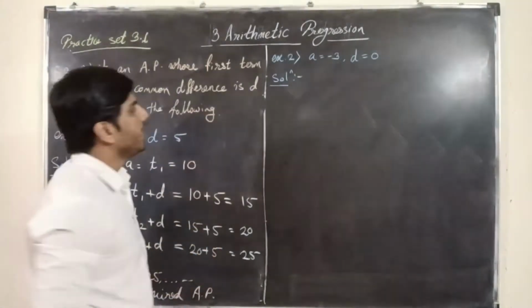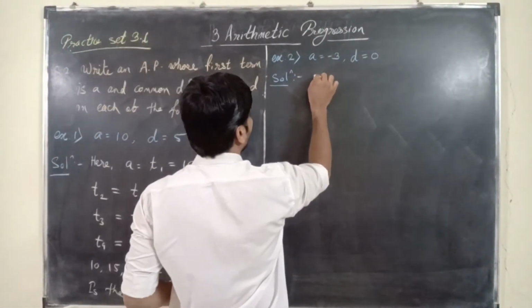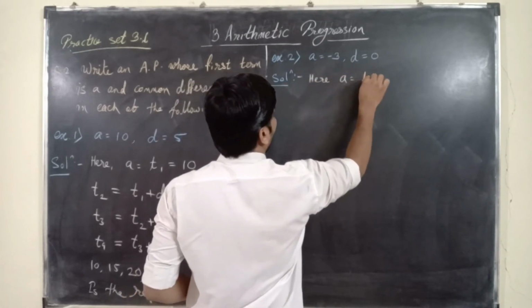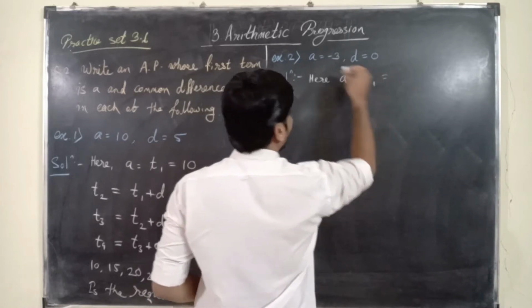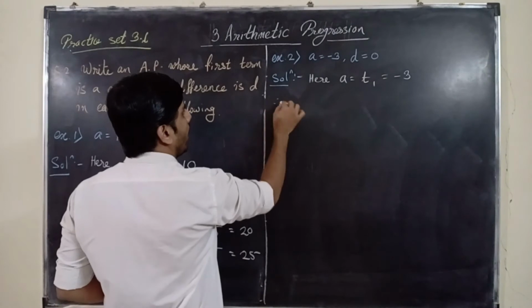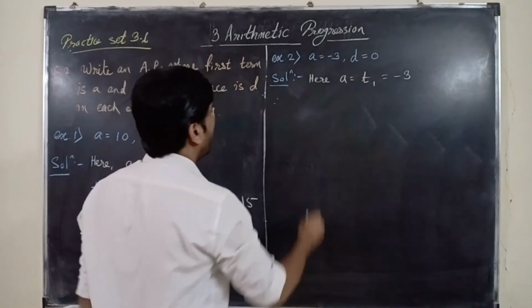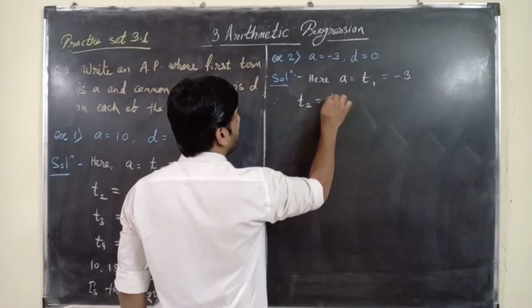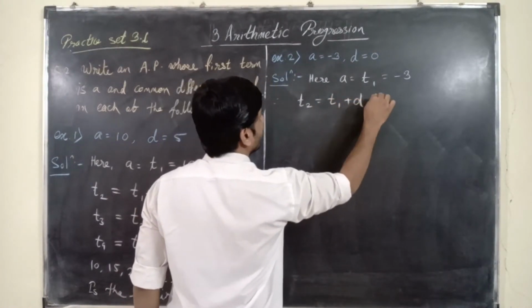Now we will start with the second example. Here we have the first term a, which is also called t1, which is negative 3, and we will find the second term by adding the common difference to its previous term.